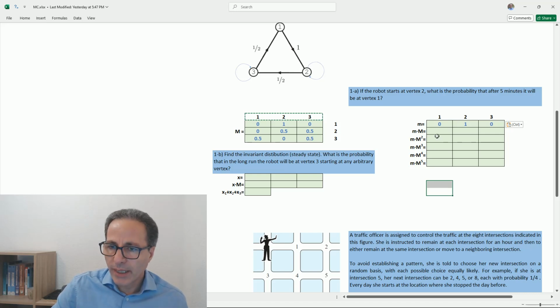After 1 minute or 1 step transition, we need to multiply it by the matrix M to get these 3 values. So what should I write here?